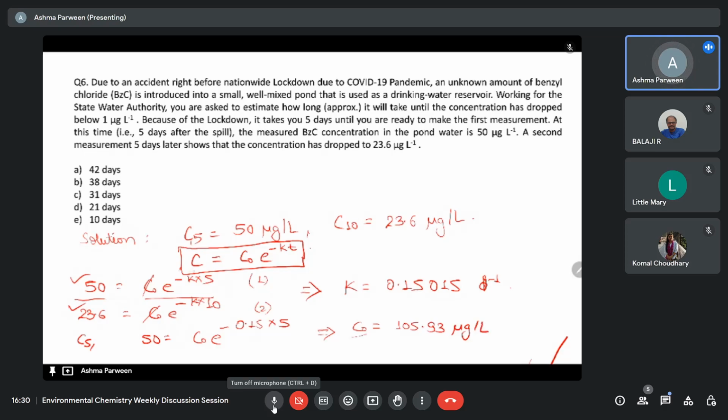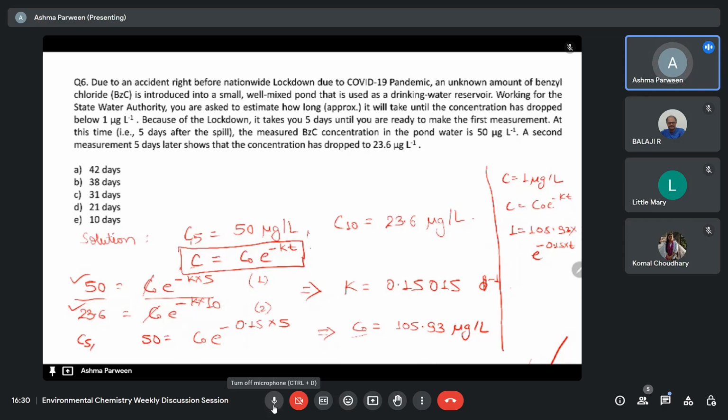Now we have the initial concentration. We have to find out the time at which the concentration will be below 1 microgram per liter. So the final concentration is 1 microgram per liter or lesser. We will use the expression again: 1 equals 105.93 into e raised to the power minus 0.15 into t.